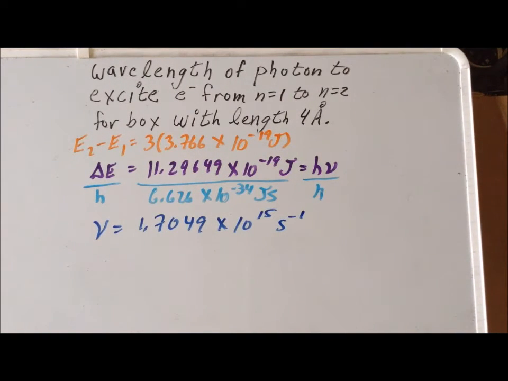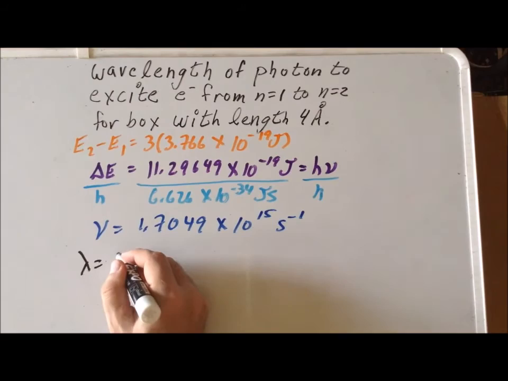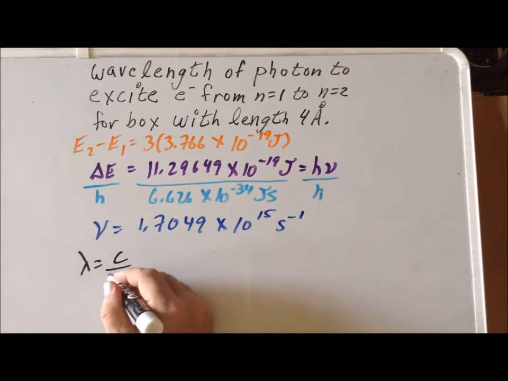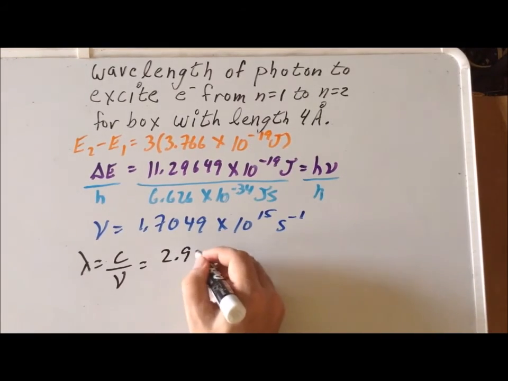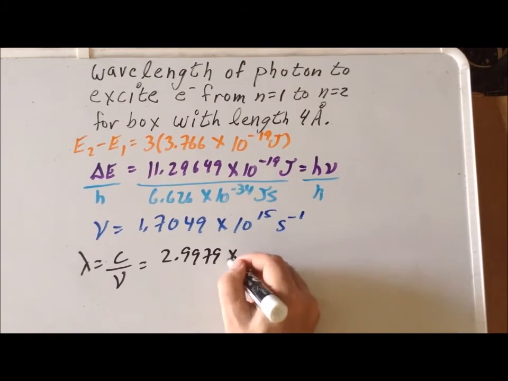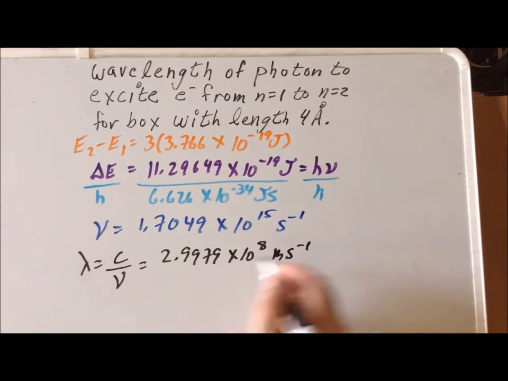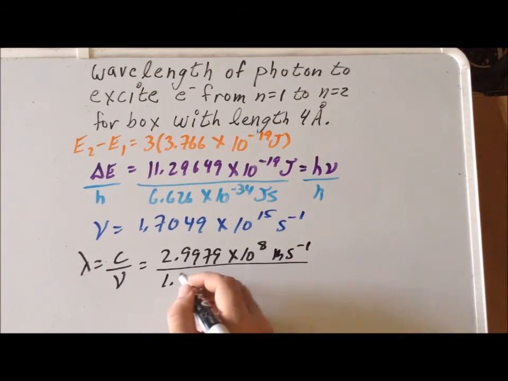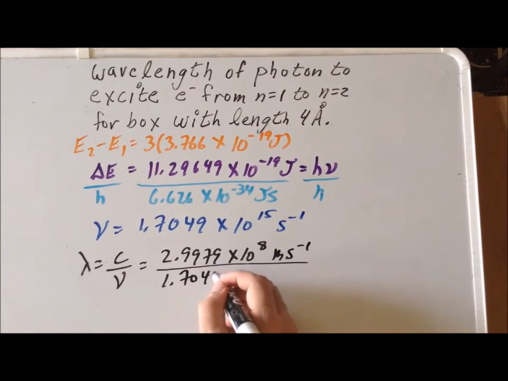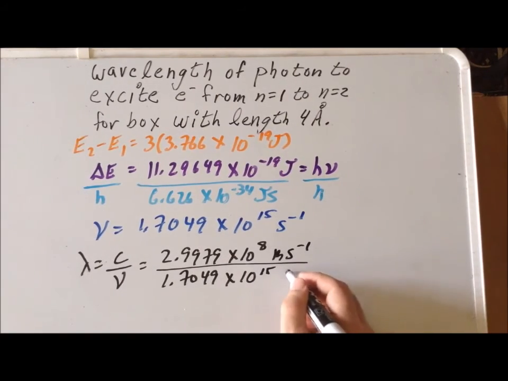Next, we recall that the wavelength is equal to c divided by the frequency. We know that the speed of light is 2.9979 times 10 to the 8th meters per second. And we've already calculated the frequency of the necessary radiation to be 1.7049 times 10 to the 15th inverse seconds.